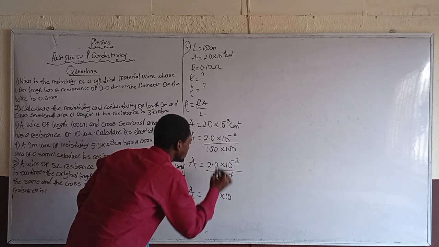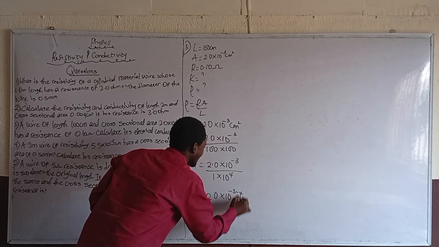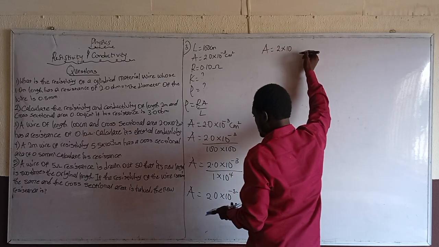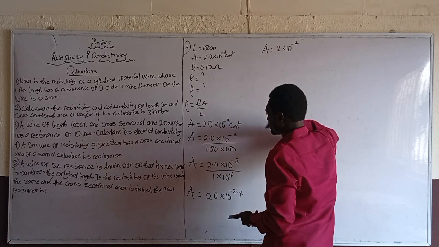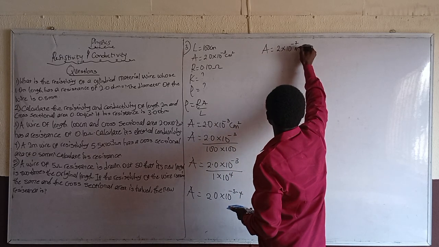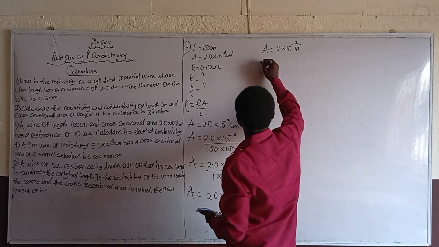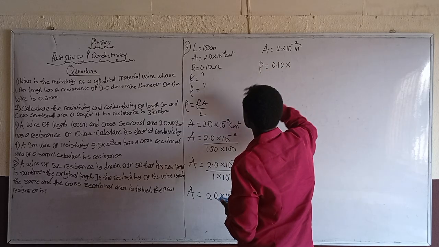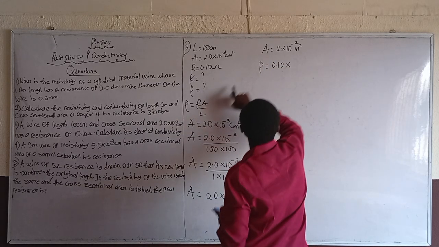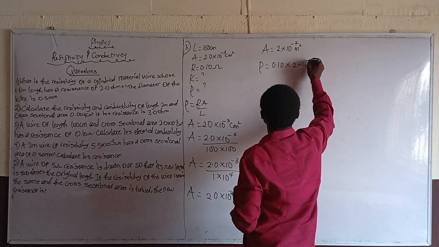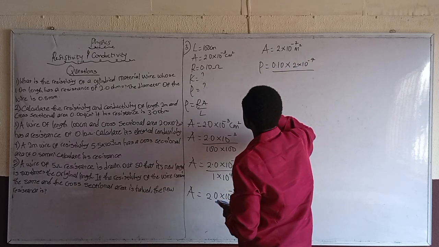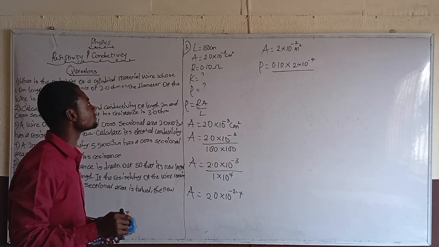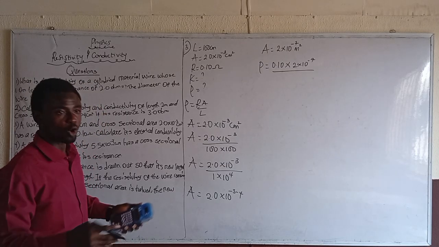So the area becomes 2.0 times 10 raised to the power minus 3 minus 4. So the area becomes 2 times 10 raised to the power minus 7 meter square. So resistivity is RA over L, 0.10 times my area, 2 times 10 raised to the power minus 7, divided by the length. The length is also in centimeter, so to convert centimeter to meter, divided by what? 100.